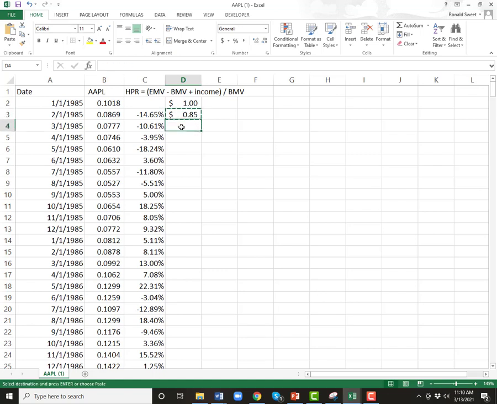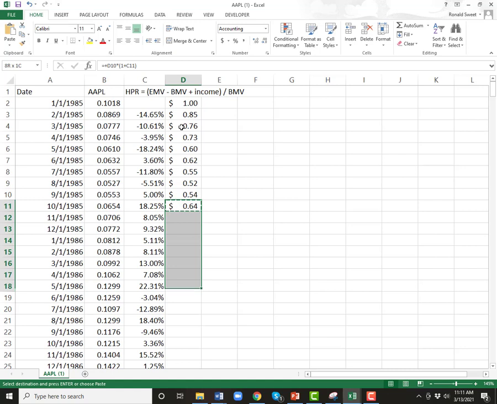You'll then, the next month, take that 85 cents and invest it again in Apple. So you do 1 plus the return, and now you only have 76 cents. And you just keep doing that. If you had bought Apple, you would have lost 40% of your money in just the first 4 months. And you're probably rethinking, wow, what do I do with this company? And then after 10 months, you only have 64 cents.